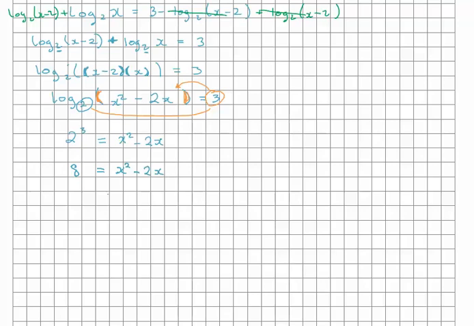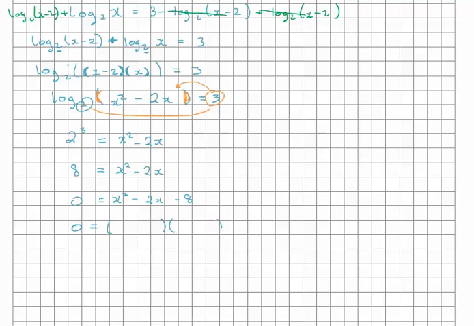Right, so we have a quadratic equation. And what I'm going to do is subtract 8 from both sides. So I have 0 on the left. I take away 8 there, I have 0, and that ends up over here at minus 8. Alright, and that is a quadratic equation. Let's solve that real quickly.